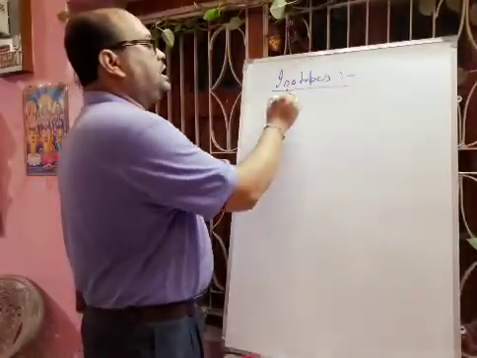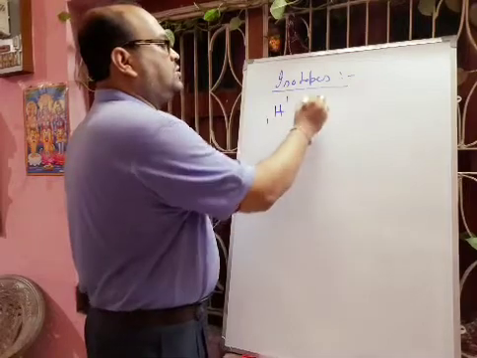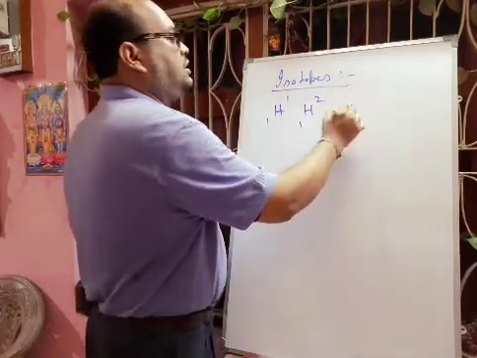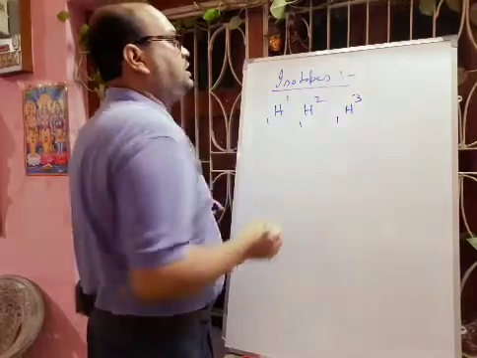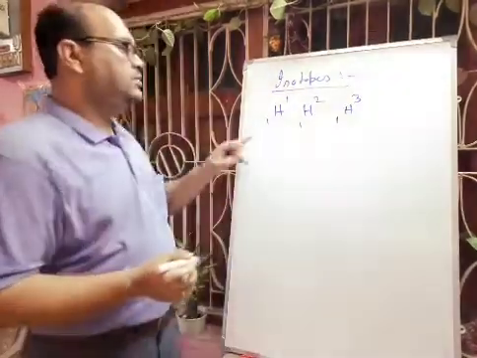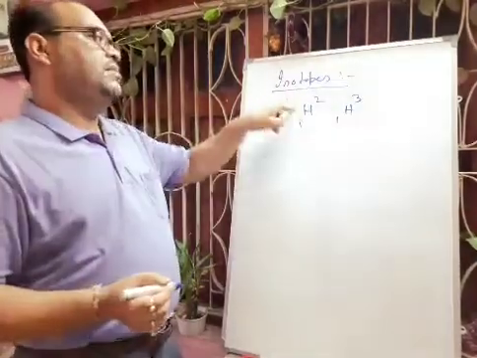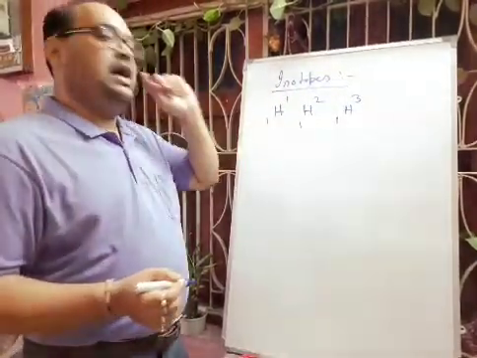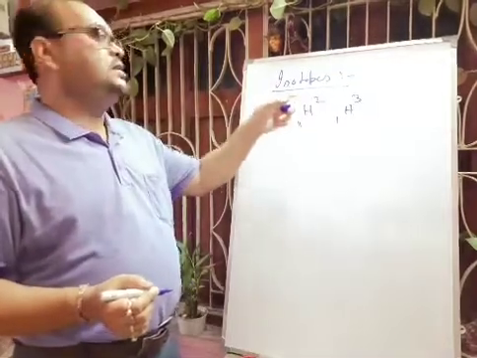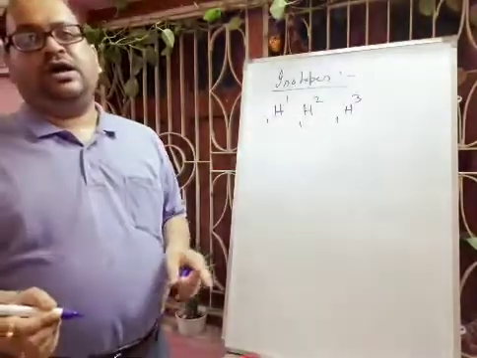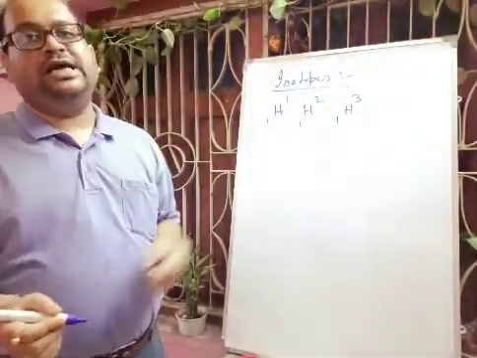One is called protium, this one is called deuterium, and this one is called tritium. So in this case you observe one thing here, all hydrogens have the same number of protons and electrons but the mass number is different. And the mass number is different because the number of neutrons is different. Okay, and these are called isotopes. So hydrogen has 3 isotopes.